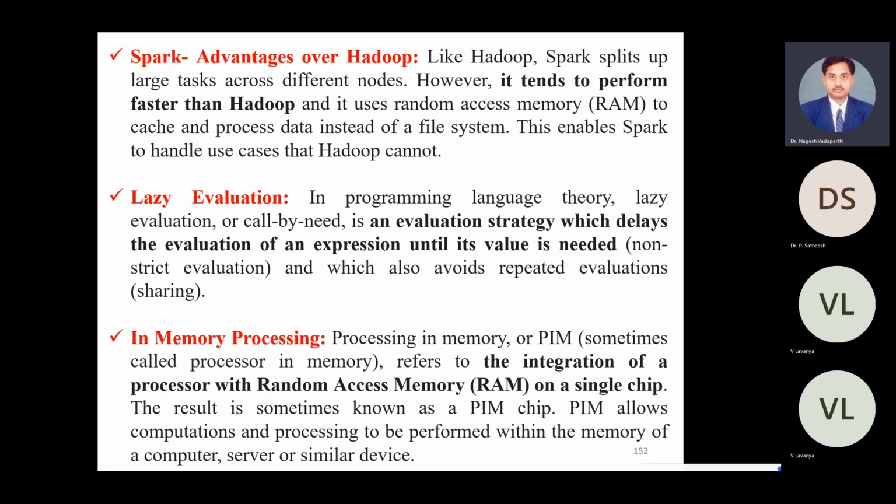So based on priority of operators, it will calculate within the parenthesis first, based on the programming rules of C, C++, Java, Python, Scala, so that evaluation of expression is delayed until its value is needed. That means non-strict evaluation, which also avoids repeated evaluations, especially in sharing. That is called lazy evaluation.